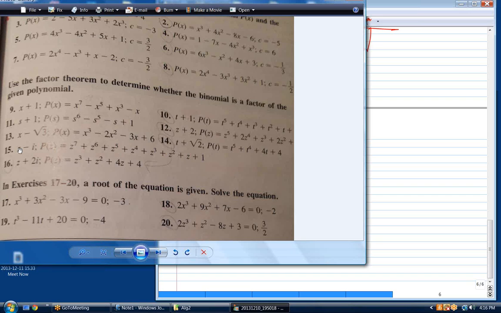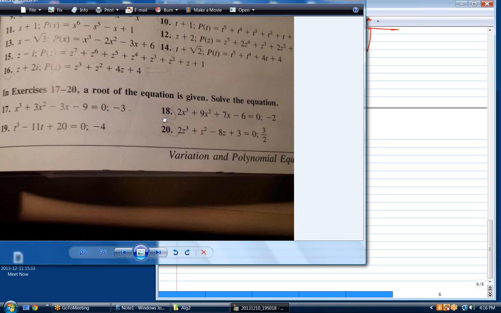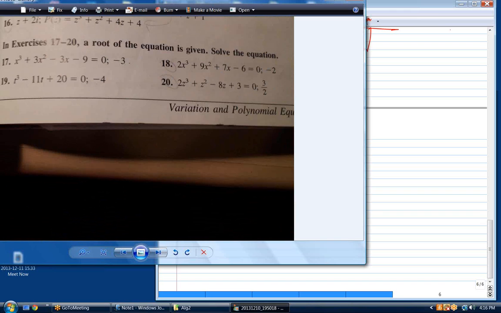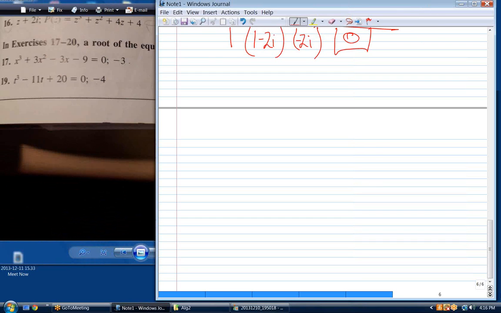Okay, so we just did synthetic division with irrational numbers, and we did synthetic division with imaginary numbers. Okay? About 17. Is this one you've done? No, I haven't.